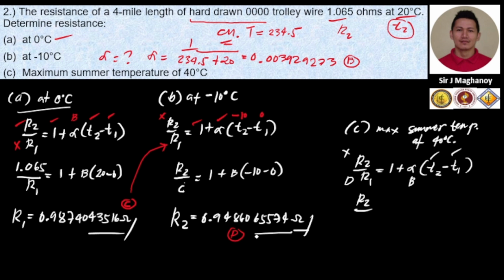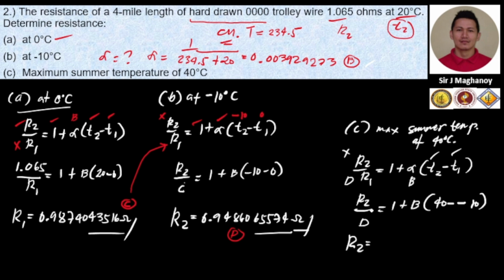R2, our D, is equal to our value from here times 1 plus our B, times our final temperature, 40, minus the initial temperature, -10. Okay, so moving on, solving for your R2.